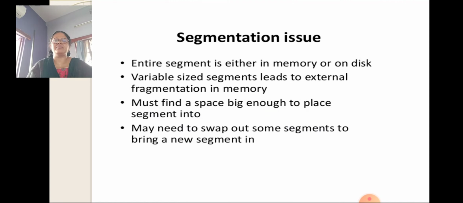The entire segment is either in memory or on disk. Variable sized segments lead to external fragmentation in memory. We must find a space big enough to place the segment into. We may need to swap out some segment to bring a new segment in.